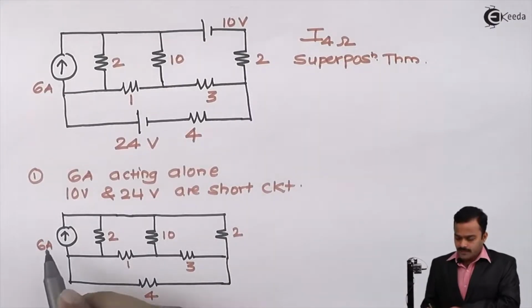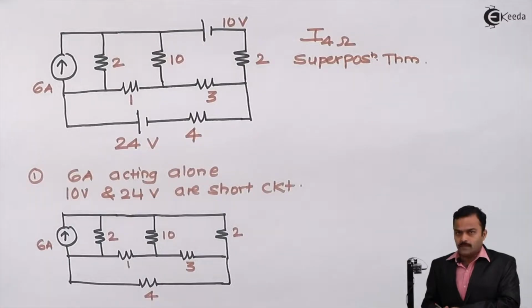Now, because of this current source, I need to find out what is the current flowing through 4 ohm resistance. The problem is not that simple. If you check, it will have 4 loops and maybe more than 2 nodes also. So, we need to solve it by either a nodal analysis, mesh analysis, or a source transformation.